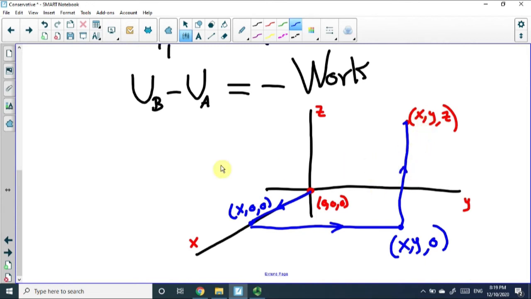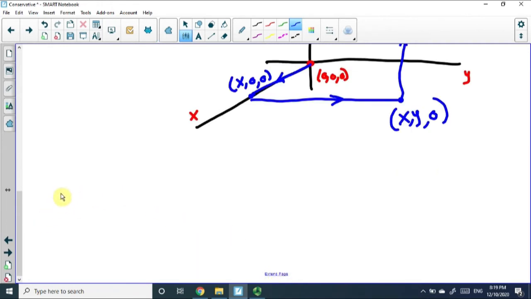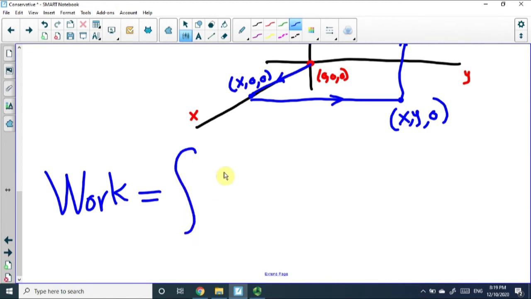Using this path, which is, in my opinion, an easy path. Of course, you can choose different paths. I can try another path and calculate the work. So let's try to find the work of this force. Now the work is simply the force, in this case force number 1, dot a small displacement on this path.